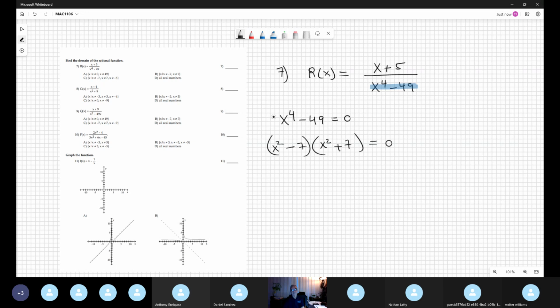Everyone follow me? And we have another difference of squares. This is another difference of squares. This no. This is the sum of squares. No factorization. This is a prime expression. So when this situation happens, you need to understand that for the prime expression, the solution behind this is complex or imaginary.